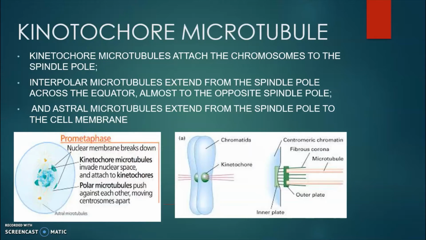So finally we will see the kinetochore microtubule. Kinetochore microtubules attach the chromosomes to the spindle pole. The interpolar microtubule extends from the spindle pole across the equator almost to the opposite spindle pole, and astral microtubules extend from the spindle pole to the cell membrane.